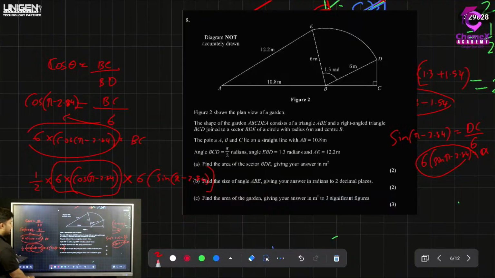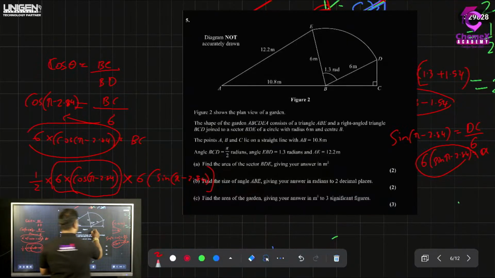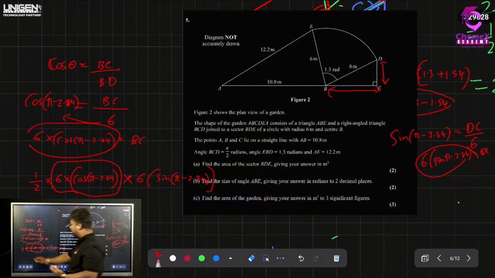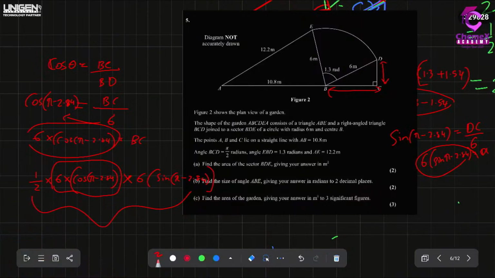So half times base times height. So I just used this base, this height. So since it's a right angle triangle, I can just multiply the base and the height. Okay. So that's the area of, what is this answer actually? Can someone tell me after typing it? Red mode, you have to type it in red mode. If not, you're going to make a mistake.